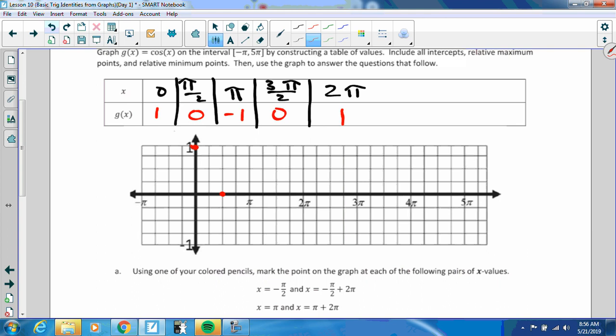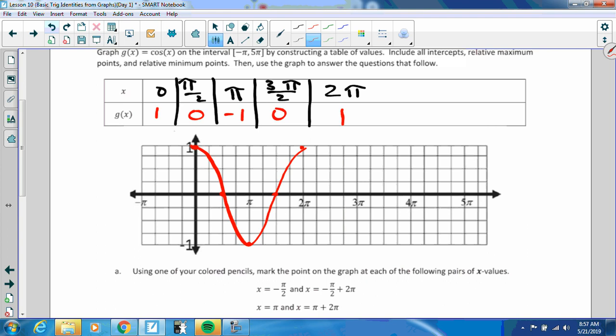At pi radians, what's my cosine at? -1. At 3 pi over 2, I'm back at 0. And at 2 pi, I'm at +1. And now I do a gentle curve here. Oh, that was much better than my sine.